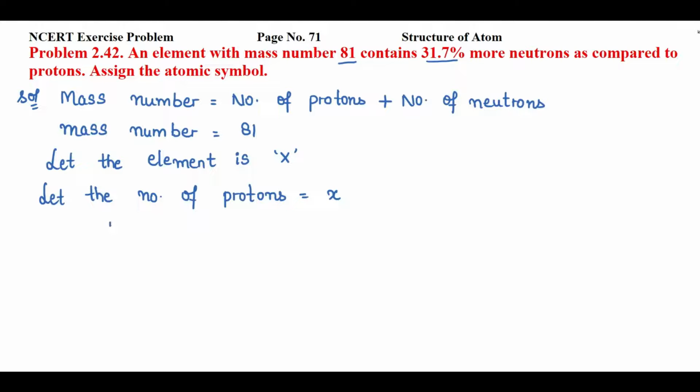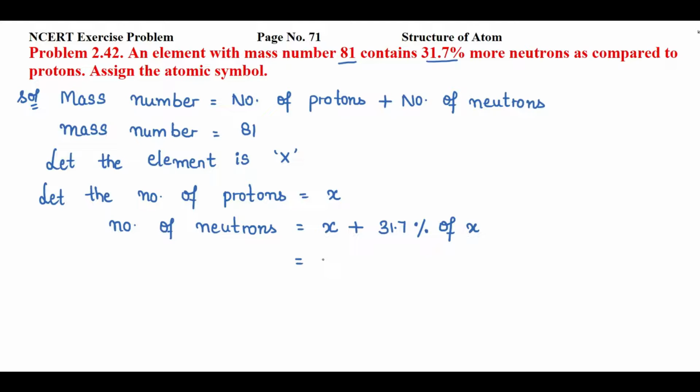Now the number of neutrons will be 31.7% more. That means, first of all, I'll mention the number of protons plus 31.7% more than this x value, so 31.7% of x.